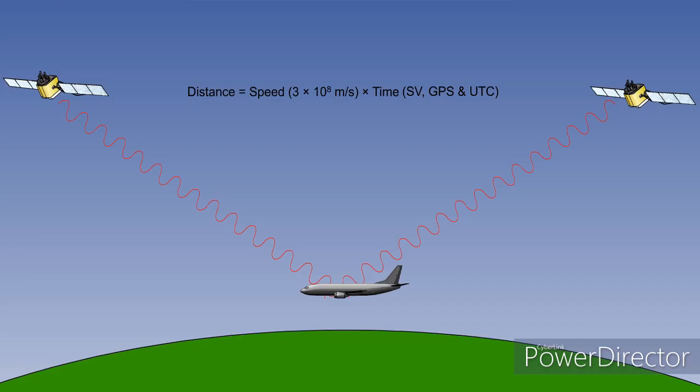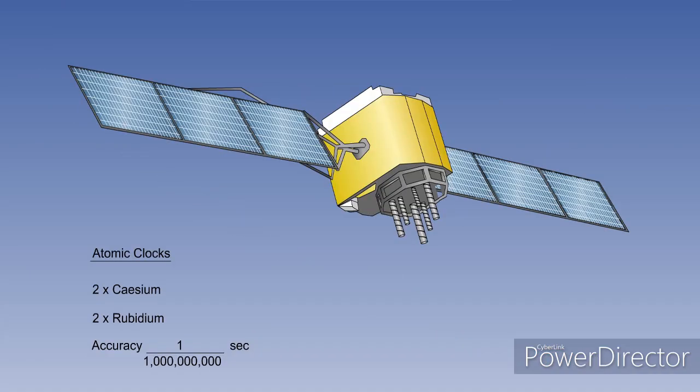Time is computed in 3 separate timing references. These are SV time, GPS time, and UTC. SV time is the time maintained by each satellite.